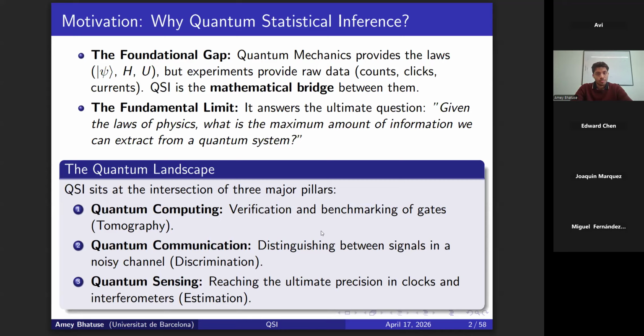The first one is quantum computing, where we have the verification or benchmarking of quantum gates or quantum processes. All of this comes under a technique called tomography, which we will see further ahead in the presentation.